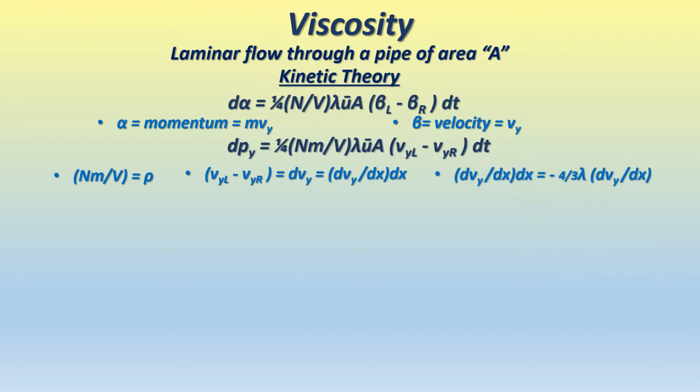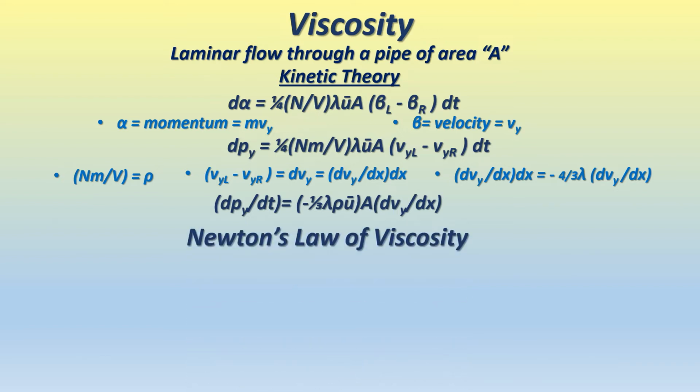Knowing that dx is minus 4/3 the mean free path leads you to a flux, the change in momentum with time, equal to minus 1/3 the mean free path times the density of the fluid times its velocity, area times the velocity gradient.